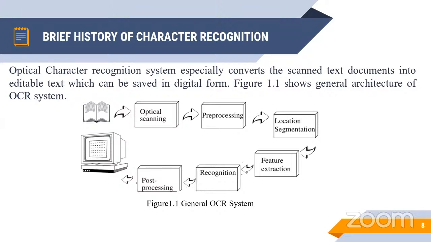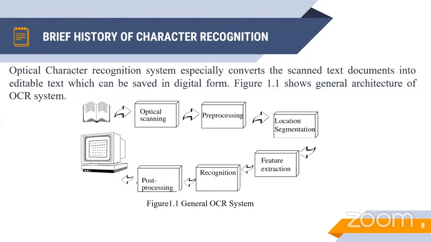After it comes location segmentation, where the character is located. It is described in one particular green box format. I have a practical demonstration, dear participants. I will show you at the last.